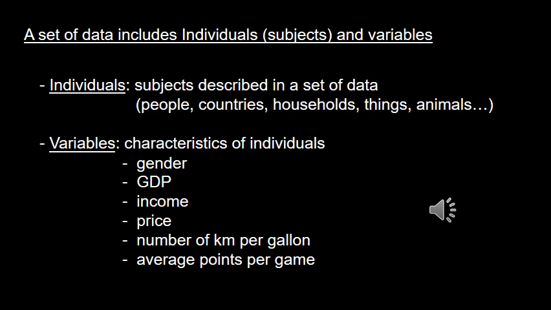And the second thing in the dataset is a variable. Variables are there to describe individuals. So for example, if my individuals are students, variables describing them can be their gender, their GPA, how many courses they take, their income, their age, things like that.